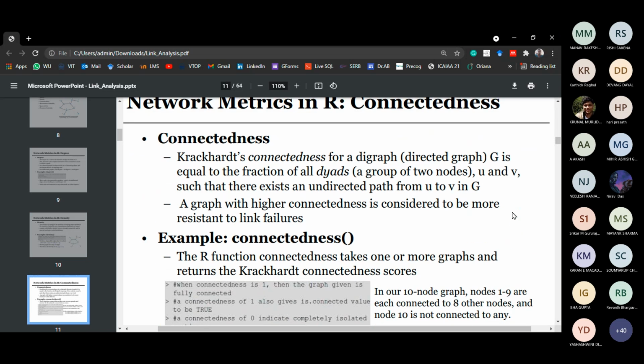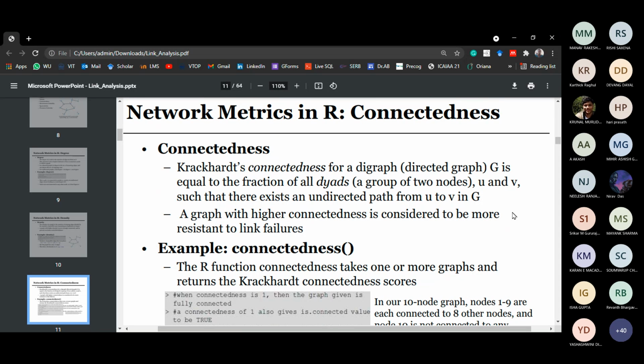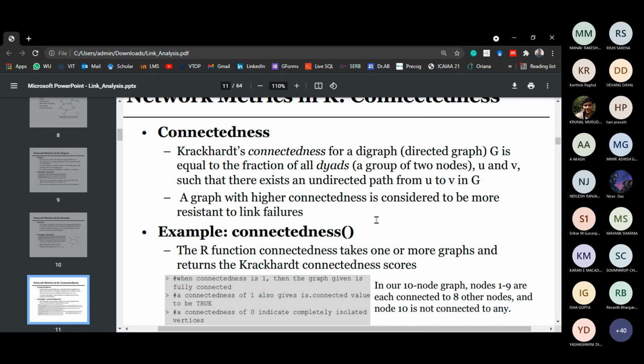Okay, we have another metric, connectedness. This is also a way of computing the density, but the difference is you identify this connectedness only for a directed graph.